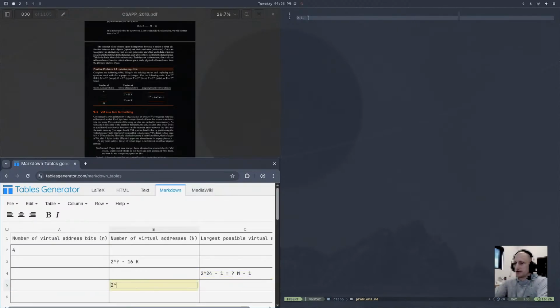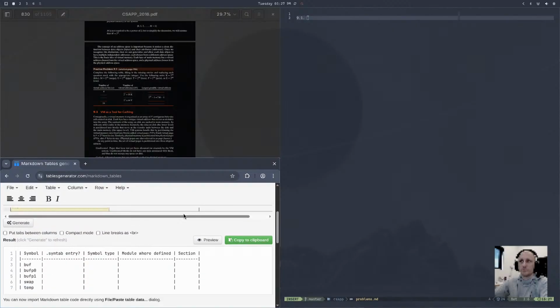Two to the power of question mark is equal to 64t. This is equals, not minus. I don't know where the minus symbol came from. And then 54 here. Okay.